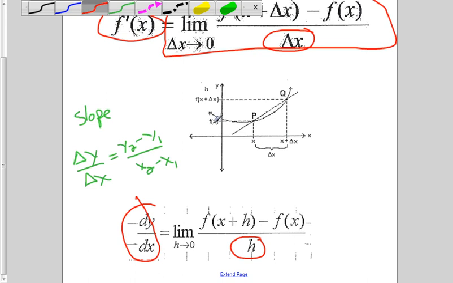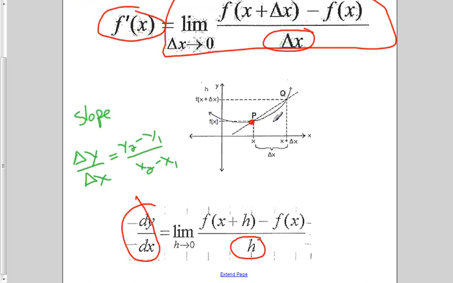If I have some point P at x, f of x, and this point Q, using the easier term h instead of delta x, goes over h units from x, then this point has x coordinate x plus h and y coordinate f of x plus h.